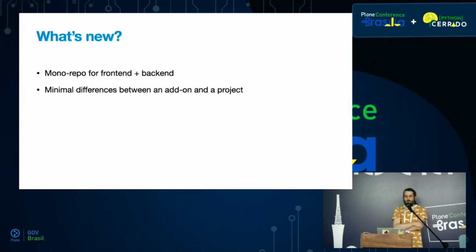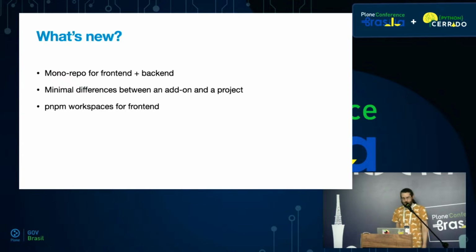This is kind of nice in the Volto world. If you want to create an add-on, you often need both a Node.js package for Volto and a Python package for Plone. Now you can run the template and get both of them together, and you can make a commit that includes updates to both of them, and you don't have to deal with two different repositories, including the right commits from each one in your project.